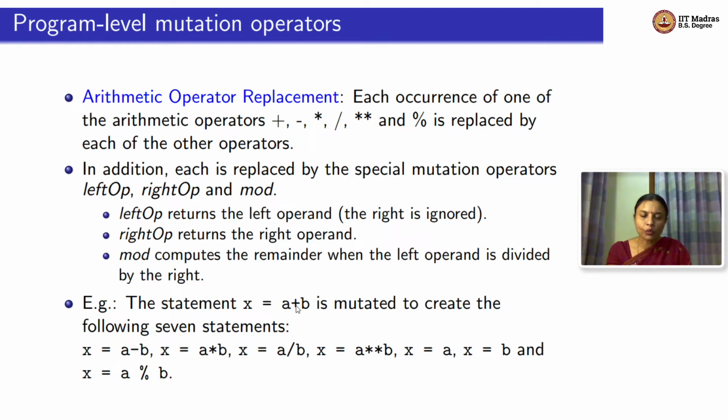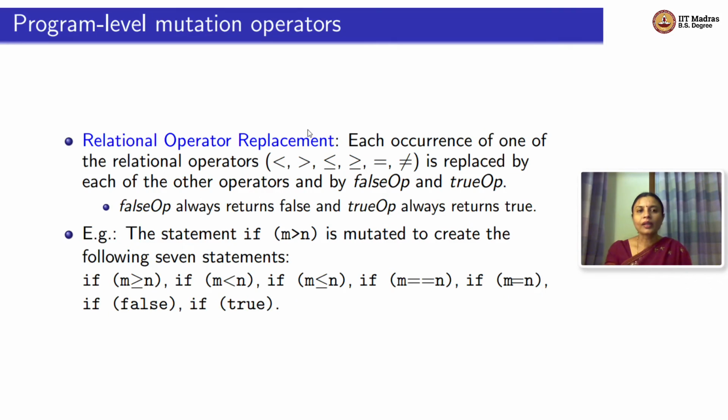I can replace plus with minus to create x is equal to a minus b, or plus with star to create x is equal to a star b, or with slash to create x is equal to a slash b, or with exponentiation, or just retain the left operand and keep assigning a to x, or retain the right operand, assign b to x, and so on. So arithmetic operator replacement is another kind of unit level mutation operation that we can apply.